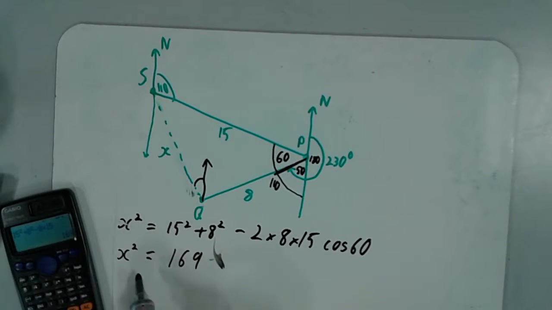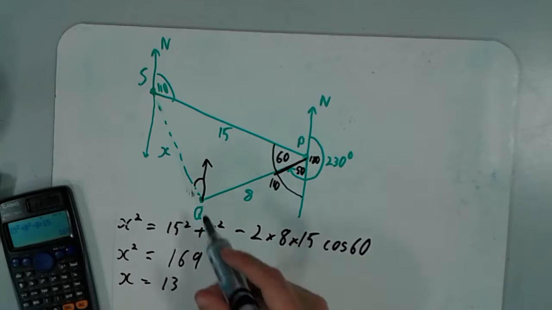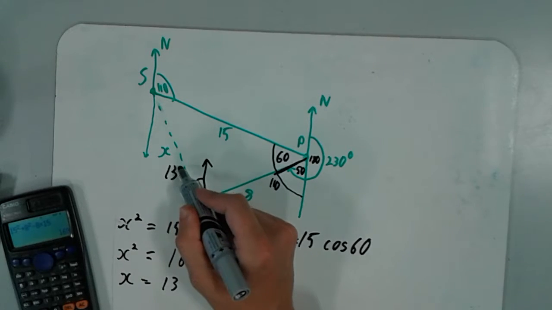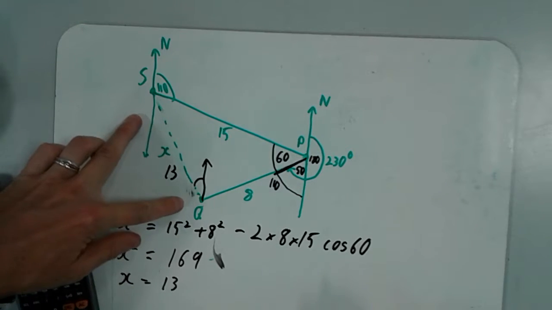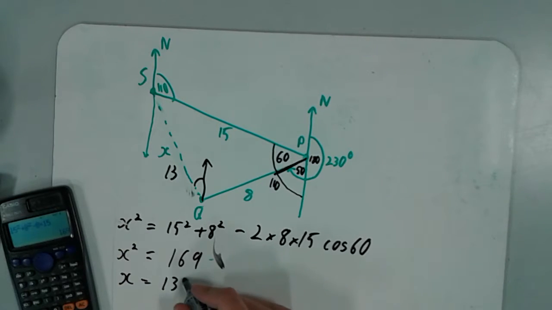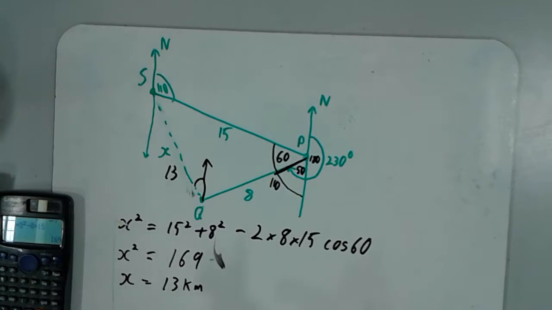So I now know that x squared is 169. Square root of 169 is 13. Okay, so we know that that length there is 13. We should put our units in. It was in kilometres.